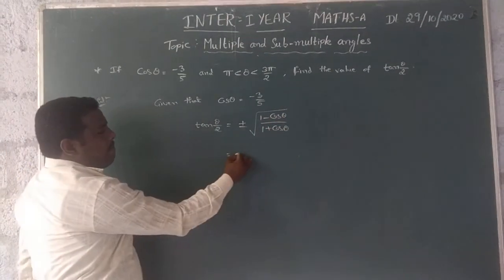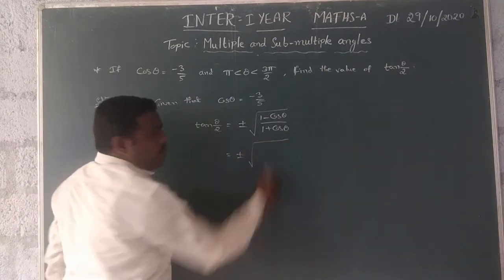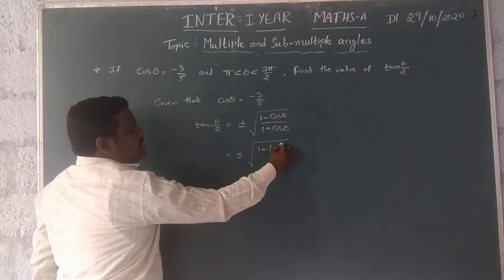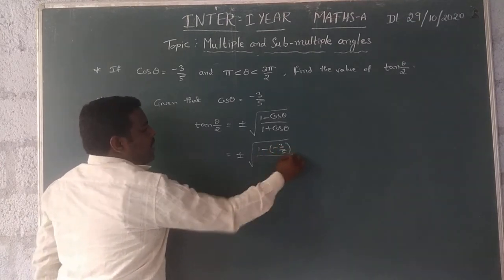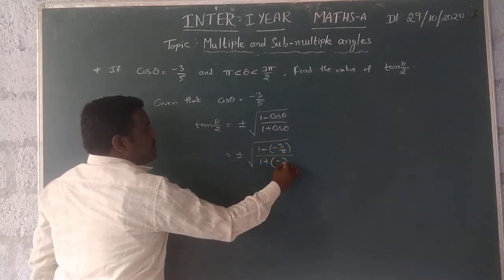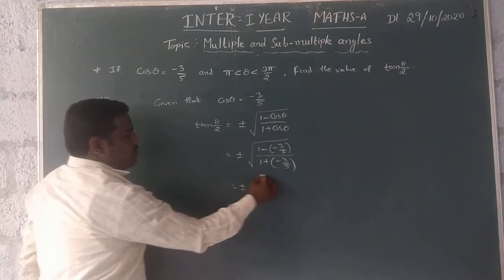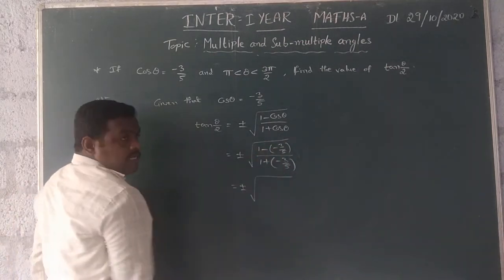That equals plus or minus under root of 1 minus, what is the value of cos theta? Minus 3 by 5, by 1 plus minus 3 by 5.